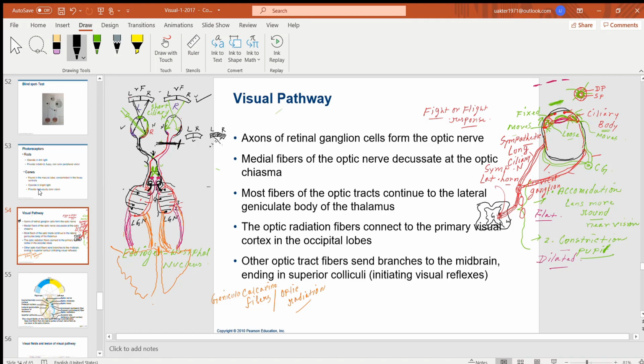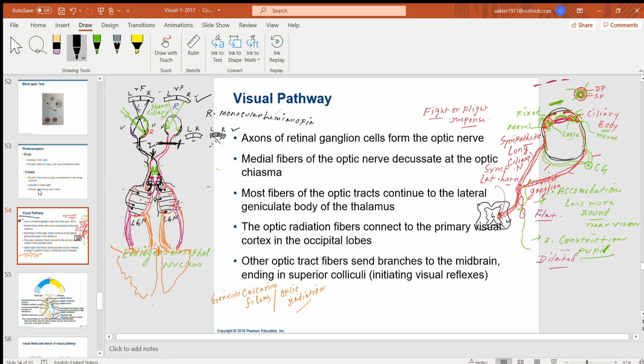And which side? Right side, right? So this is right monocular hemianopia. Makes sense? If I cut on the other side, that will cause left side's monocular hemianopia. Okay, good.